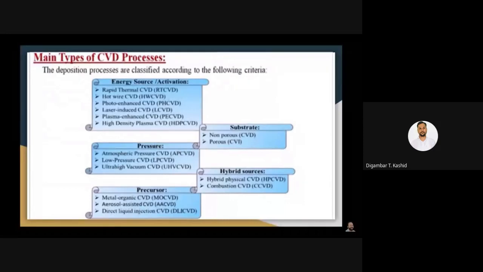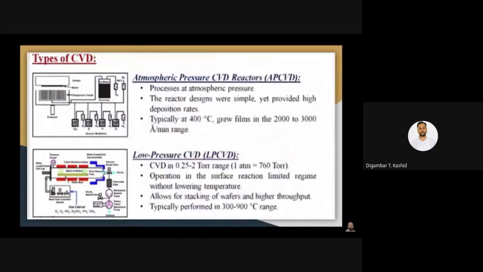Now the first one is called atmospheric pressure CVD, in short APCVD, a process at atmospheric pressure. From the name itself, you can understand that we are maintaining atmospheric pressure for this particular CVD process.